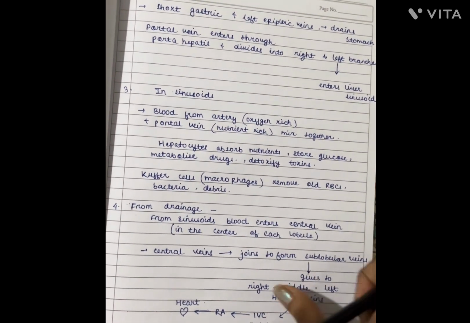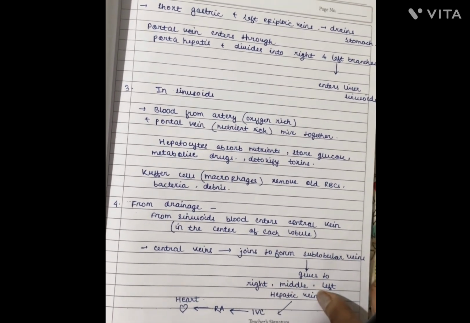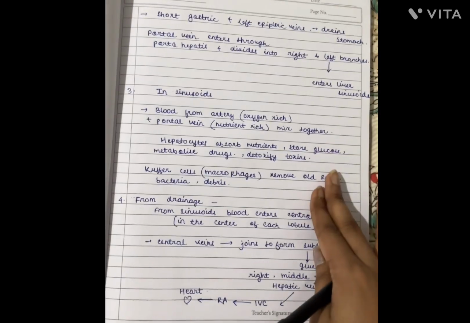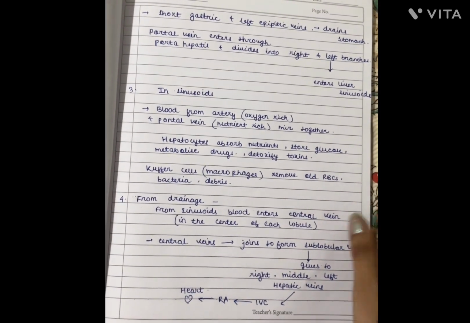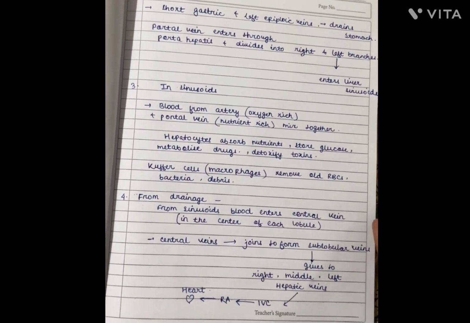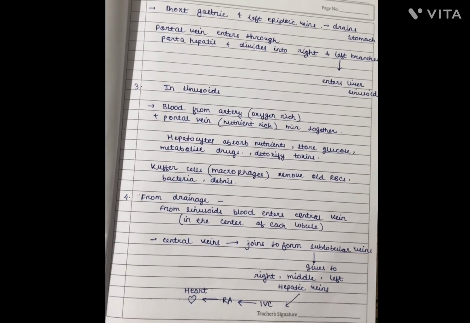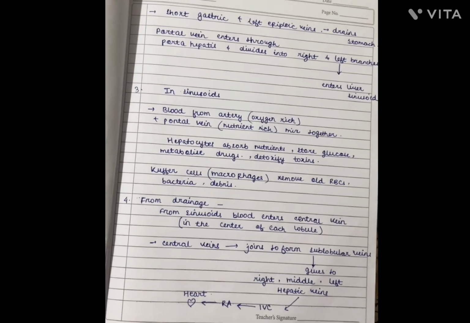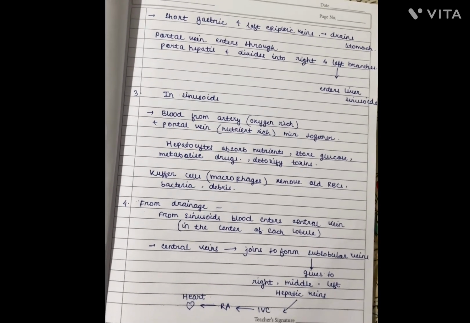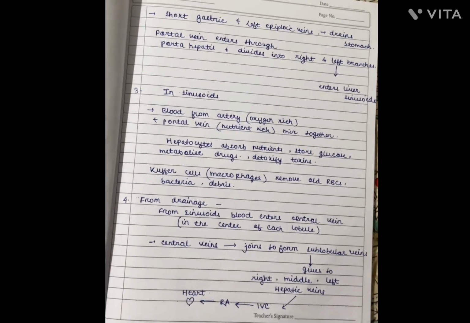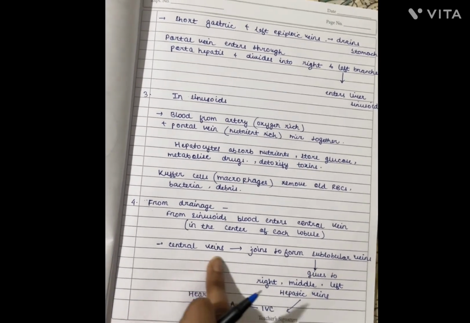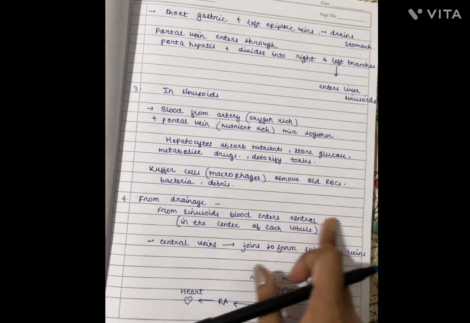Remember, lobule is the smallest part of the lobe present in the liver, and from each lobule there is a central vein arising. These central veins then join to form the sublobular vein.